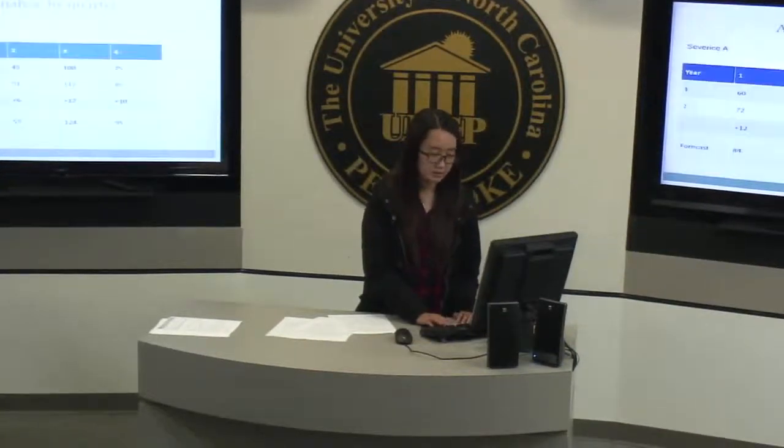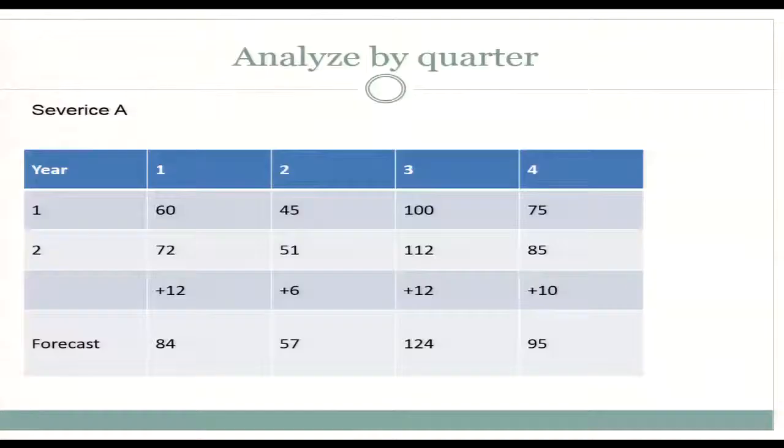About service A, here it gives us 2 years of data. The first year is 1645, 175, and the second year is 1751 and 112 and 85. So we can see in this service, every quarter is increasing, and we can get the forecast is an increase.